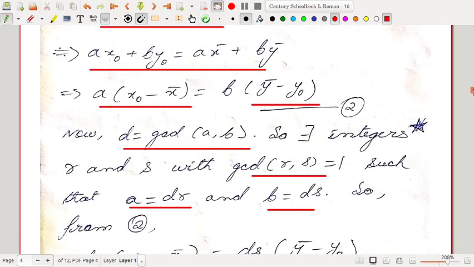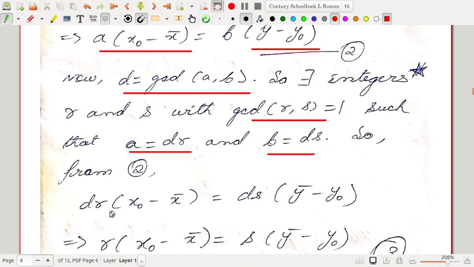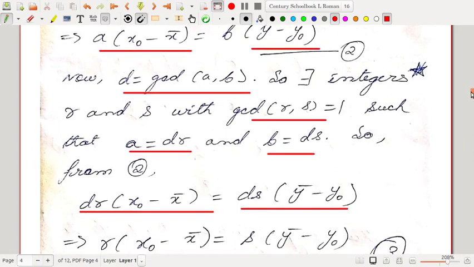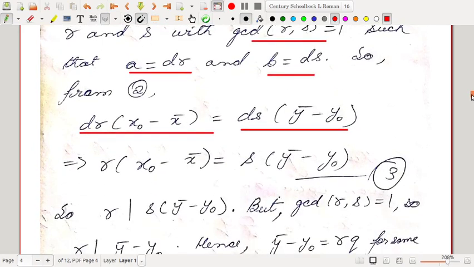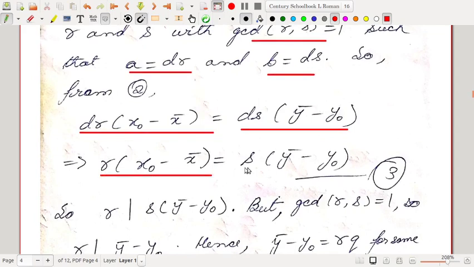So from this equation 2, what you get? DR multiplied with (X naught minus X bar) equals DS multiplied with (Y bar minus Y naught). Since A and B are non-zero, the greatest common divisor is non-zero, so we can divide both sides by D, and we are left with R times this equals S times this.